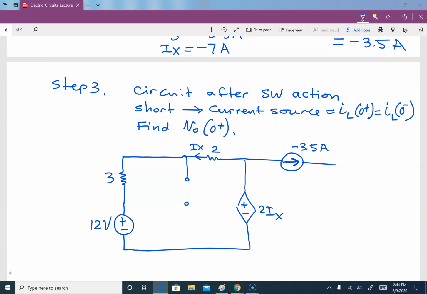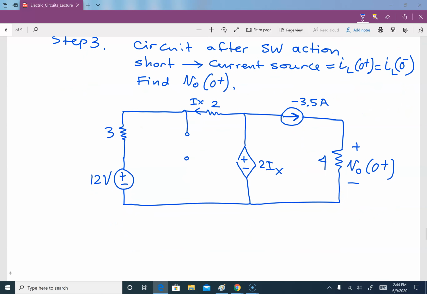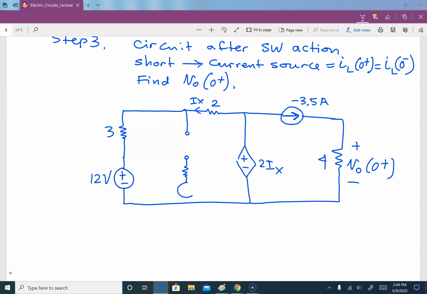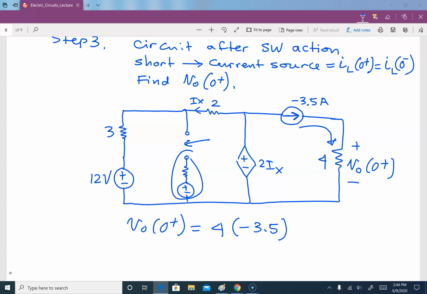So we put it as negative 3.5 ampere. And this is where we need to find V naught of 0 plus, and that is 4 ohm. So if you look at this circuit over here, this here really doesn't matter since this is open. So now this current is flowing here, that means really V naught of 0 plus is equal to 4 ohm multiplied by the current source value, and that is equal to negative 14 volts.